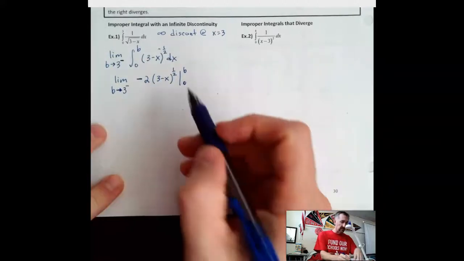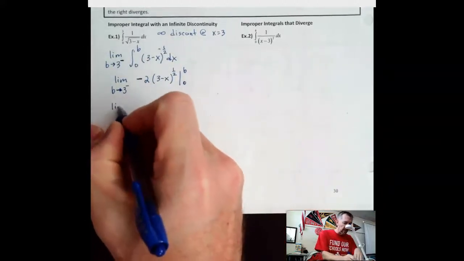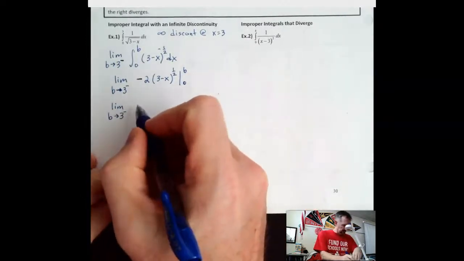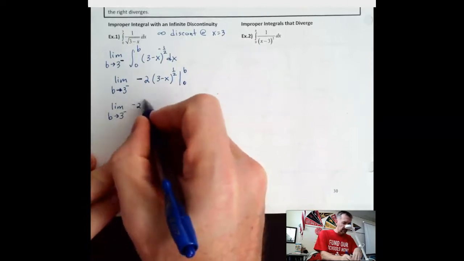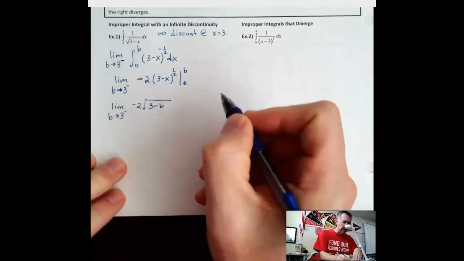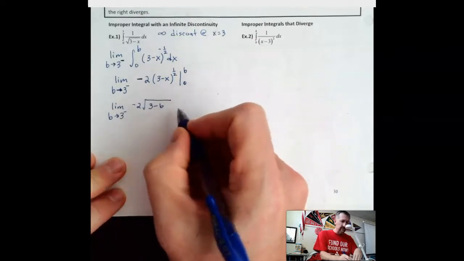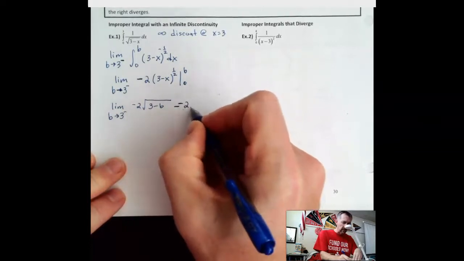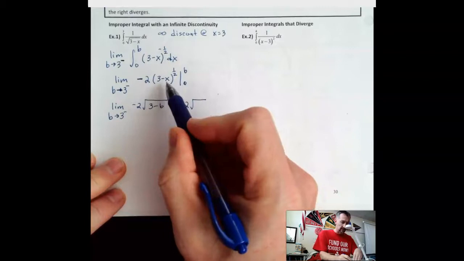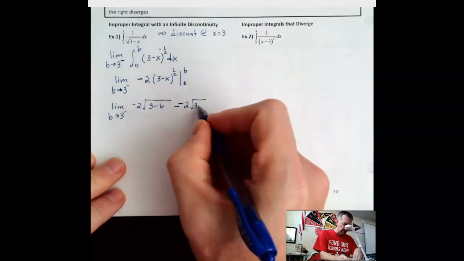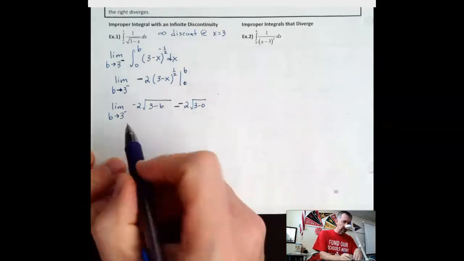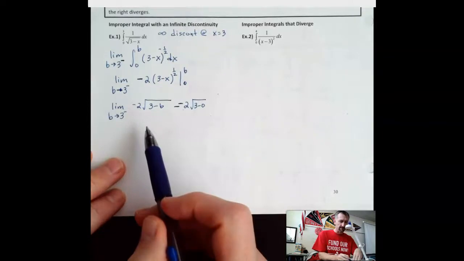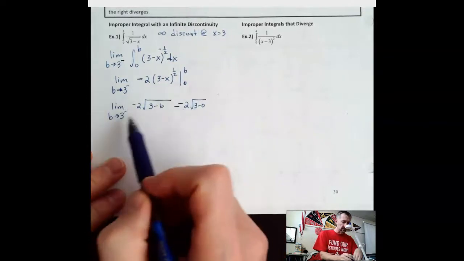So if we plug in those b's now, one more time, the limit as b approaches 3 from the left. So that's going to be negative 2 times the square root of 3 minus b, and then it would be minus negative 2 times the square root of 3 minus 0. Okay. So that part is fine.